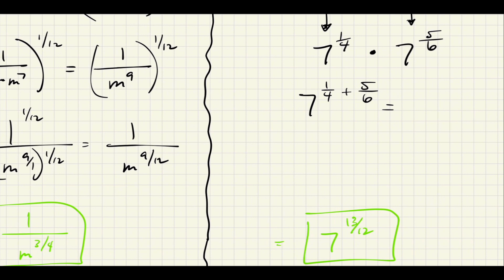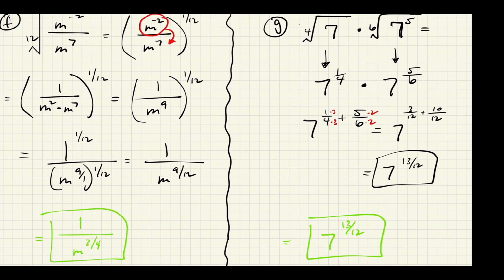The common denominator is going to be 12. So I get 3/12 plus 10/12 equals 13/12. Done.